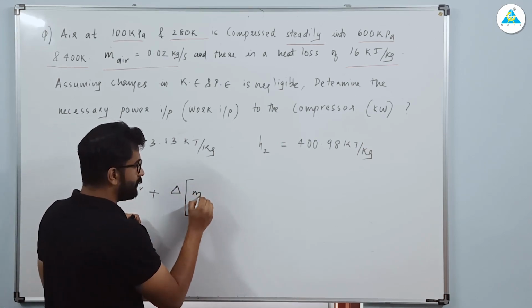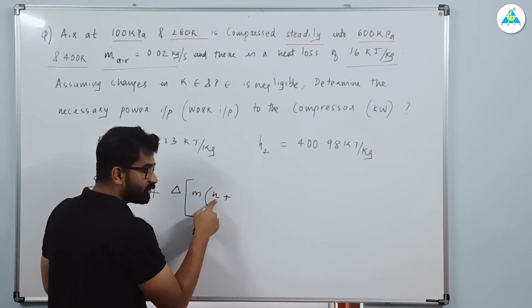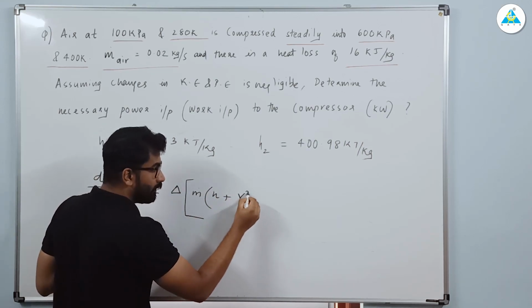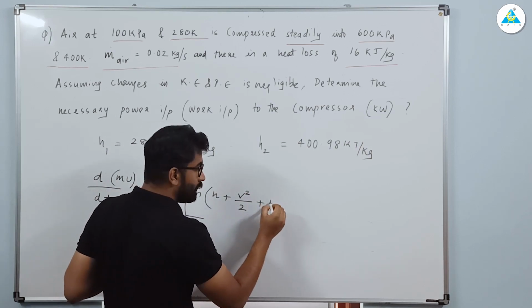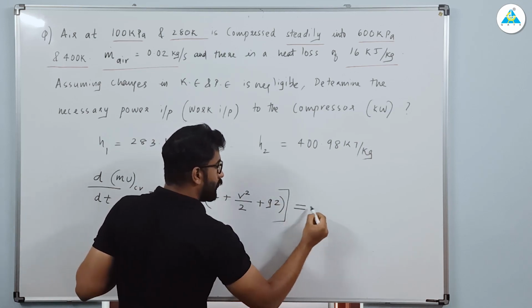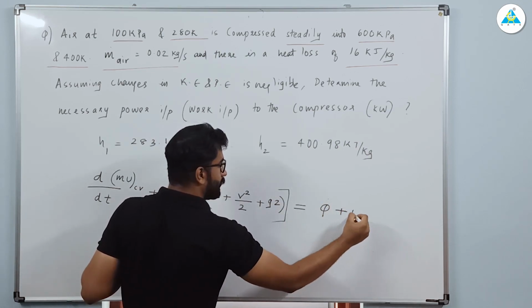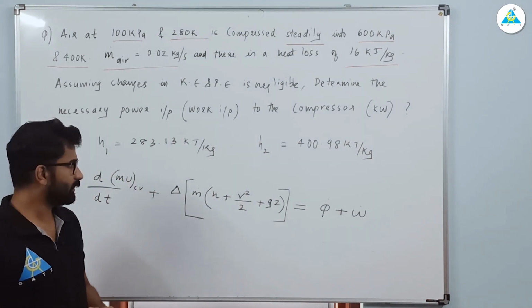Outlet minus inlet into mass flow rate, h is your enthalpy, V square by 2 is your kinetic energy, g z is your potential energy, equal to heat transfer plus work transfer. ठीक है? यहाँ तक तो ठीक है ना?